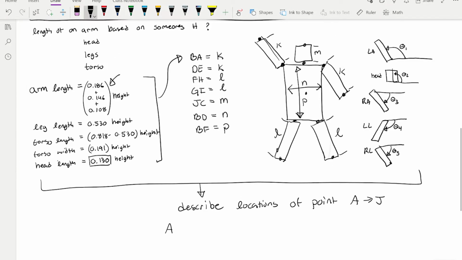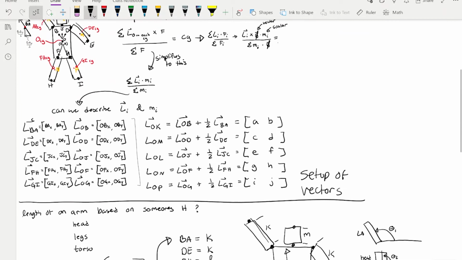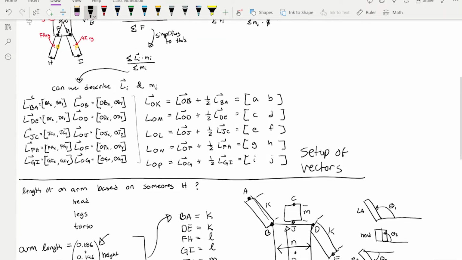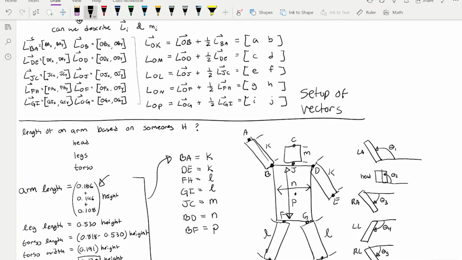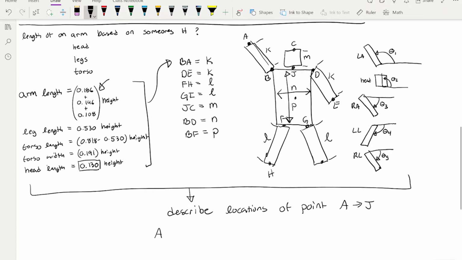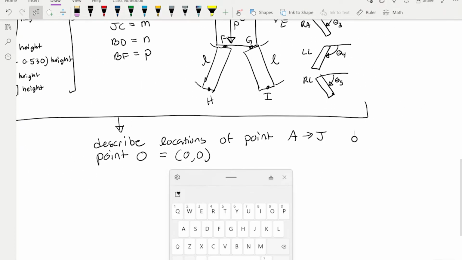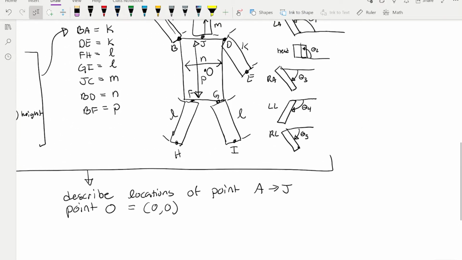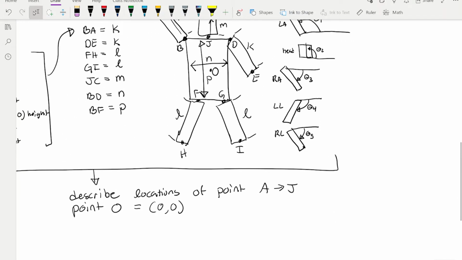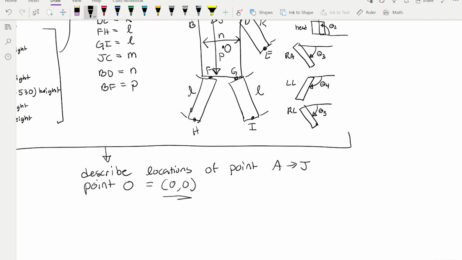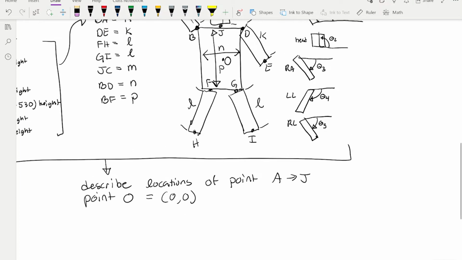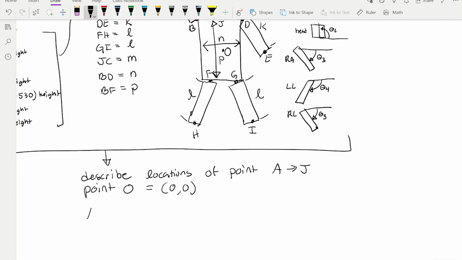Point A, that's A, B, J, C, D, E, and F, G, H, I. And that's O. Alright, so we got to look at those points in relation to O, which gives us our 0, 0, right? So we need to find what is the location of point A.